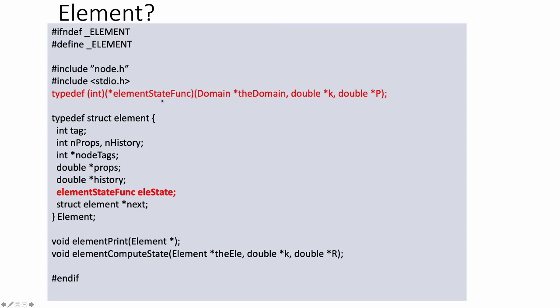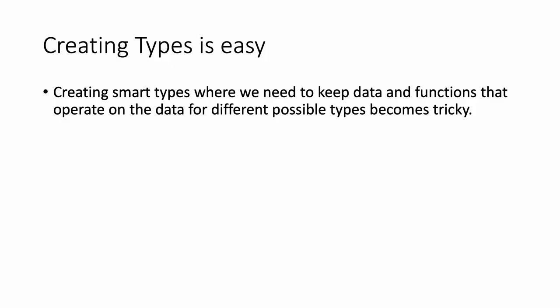We're going to call it element state function, and it's going to take a domain. It's going to return, say, k and p. It's probably going to take in some other stuff. When we construct an element, we're going to assign whatever function goes into that element depending on the element type. So it starts to get a little bit more complicated. Function pointers are a little bit fun to play with, but it is possible. It just gets a little bit more tricky.